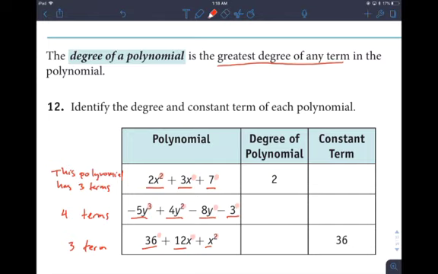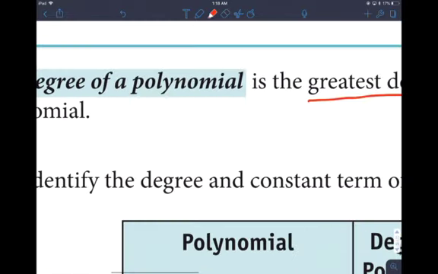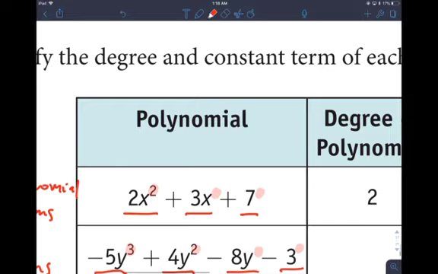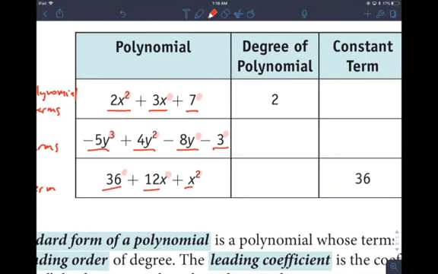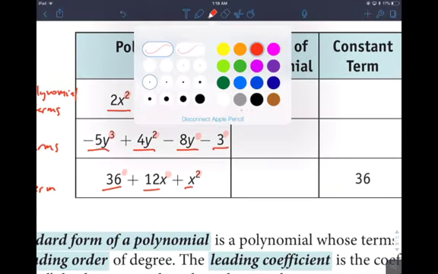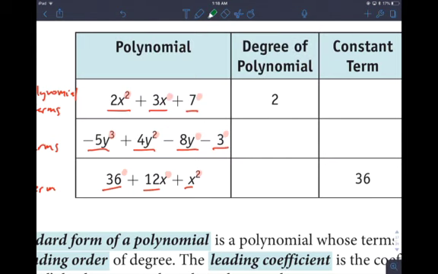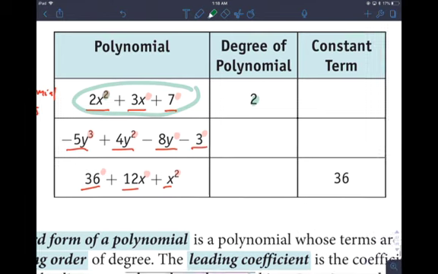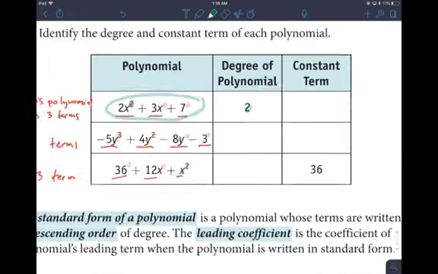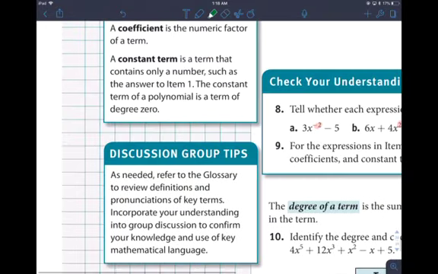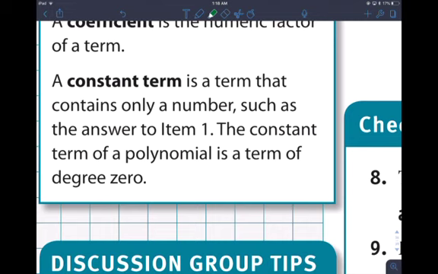So going back to degree of a polynomial, the greatest degree of any term. Notice that in this case, in green, the highest is this degree, which is 2. So that's why the degree is 2. And the constant term, we talked about this, is just the number by itself, a number that has no variable next to it.